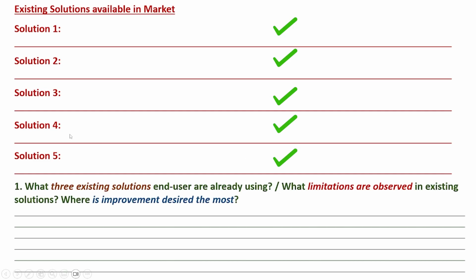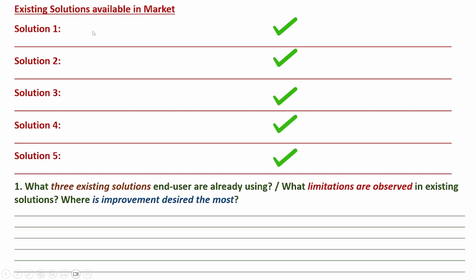Now these are all those solutions that you have already explored through your research work. When you are identifying the problem, you are looking at the same time at what solutions exist in the market and whether your end user is using them or not.